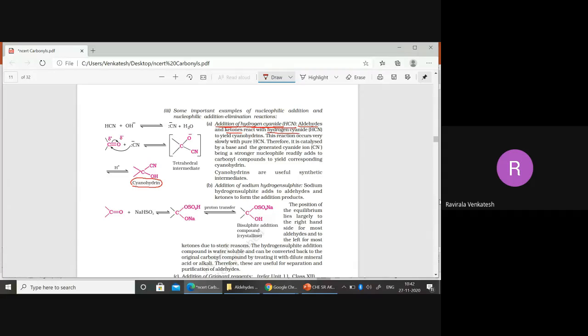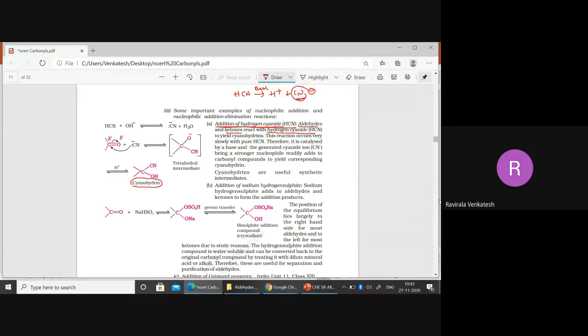Aldehydes will react, and even ketones also react with hydrogen cyanide. Generally, this reaction occurs very slowly with pure HCN. Therefore, it needs a catalyst, by adding a base. HCN dissociating into H plus and CN minus is very difficult. So when you add a base, the dissociation becomes easy, so that CN minus will attach easily.